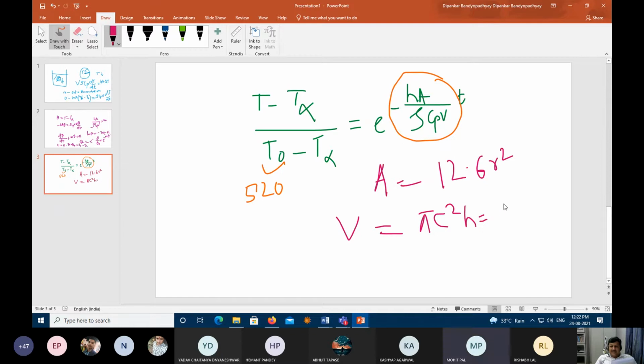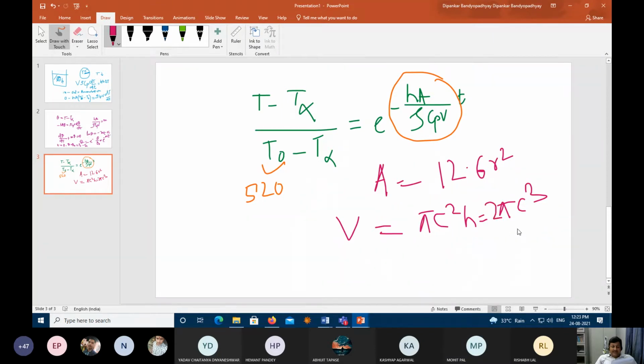Sir, h equals 2c. It is given that the length is equal to the diameter, right? So first let us consider c to be the radius, then h will be 2c. So this will be 2 pi c cube, correct? Yes, sir.